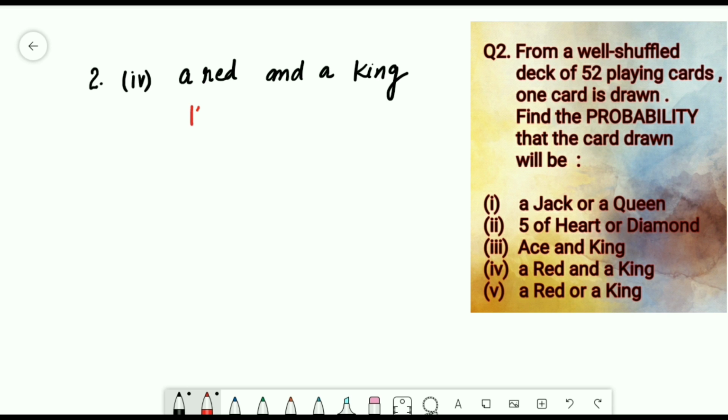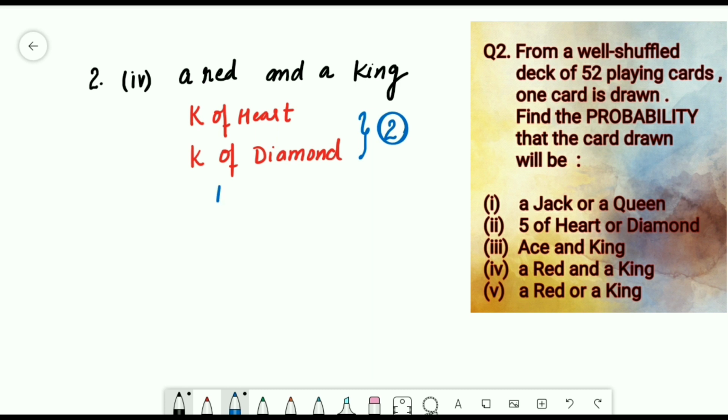So there are 2 such cards, king of heart and another one is king of diamond. So total you have 2 favorable outcomes. So in this case probability of this event is equals to 2 divided by 52, and that's 1 upon 26.